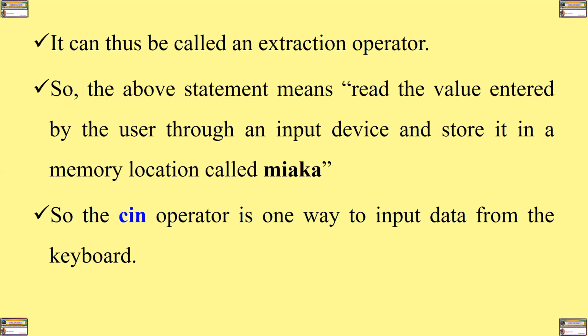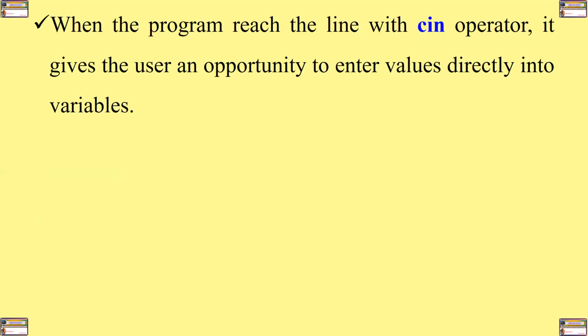This statement means read the value entered by the user through an input device and store it in a memory location called miaka. Therefore, the cin operator is one way to input data from the keyboard.